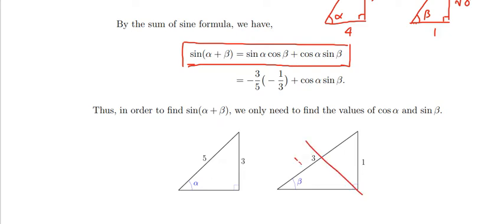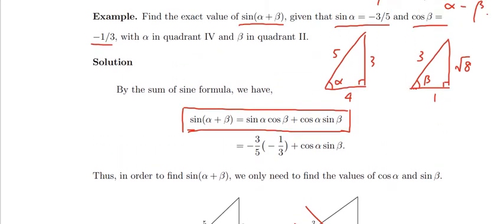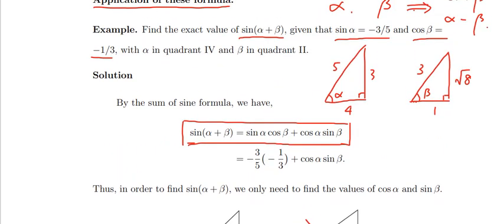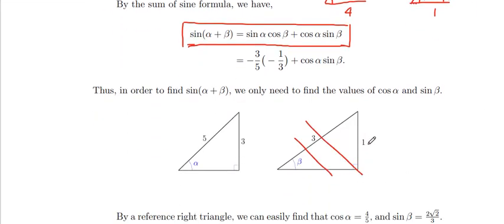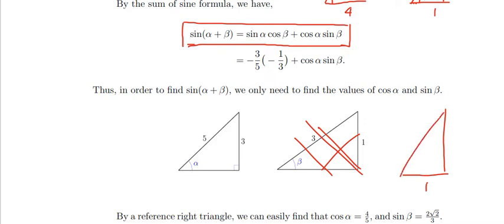I made a mistake. The cosine beta is 1/3, so 1/3 should be put here, and this graph should look like that, right? 1/3 and radical 8. Okay, so this is beta.